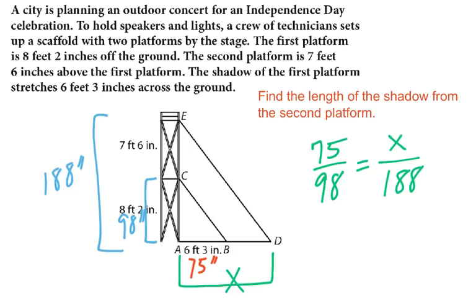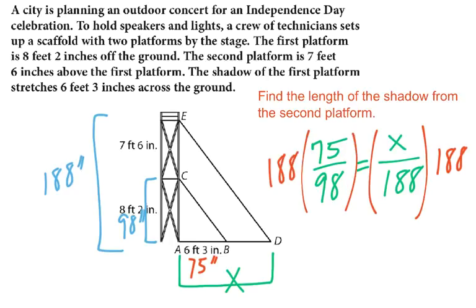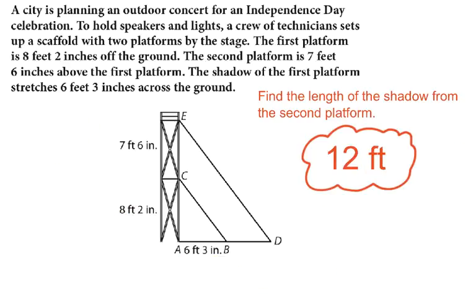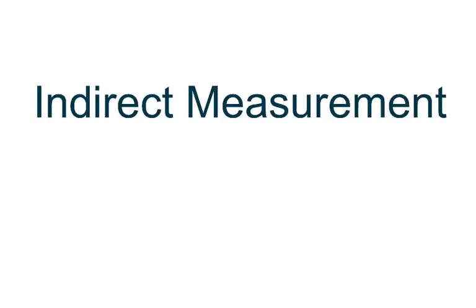Again, whenever the fraction with the missing number has the denominator that is known, all you do is multiply by the denominator. And you have x is equal to 188 times 75 divided by 98. And that gives you, we'll round to the nearest inch, 144 inches, which is 12 feet. All right, ladies and gentlemen, that is indirect measurement.